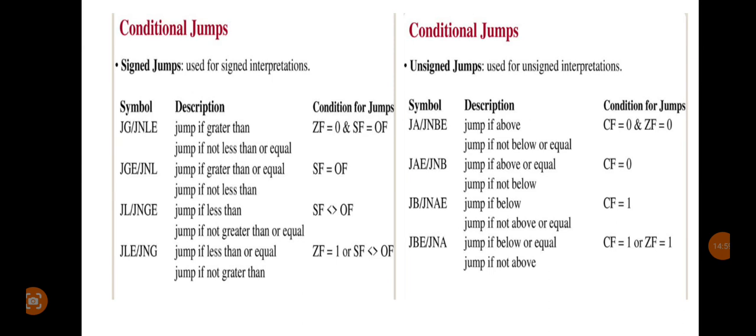The corresponding flags are: zero flag is 0 and sign flag is equal to overflow flag, then these instructions will be executed. Similarly, JL means jump if less than, and JNGE means jump if not greater than or equal.